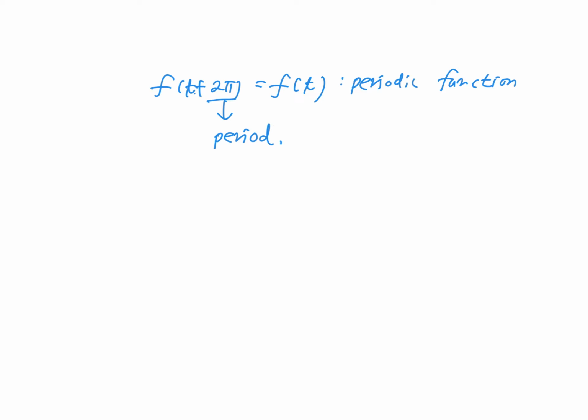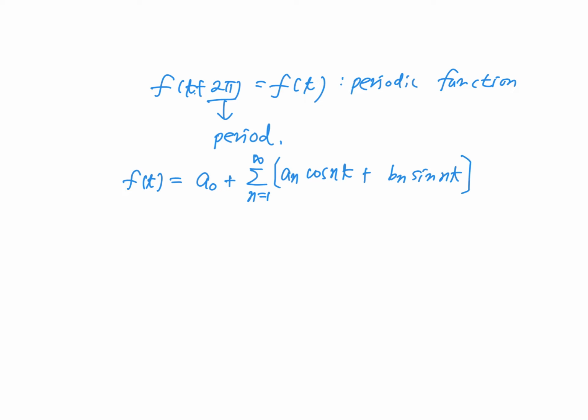So this periodic function has a period of 2 pi. And in this case, we can expand in terms of a0 plus a_n cos nt plus b_n sin nt.